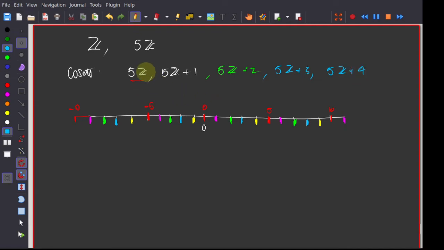Correct? So basically I'm taking shifts by certain numbers. Instead of taking 5Z plus 1, 5Z plus 2, 5Z plus 3, 5Z plus 4, I could also have taken 5Z plus 6, 5Z plus 2, 5Z plus 3, 5Z plus 4. They would give me the same sets. Correct?